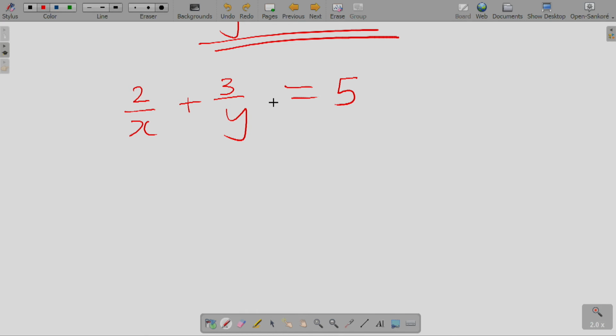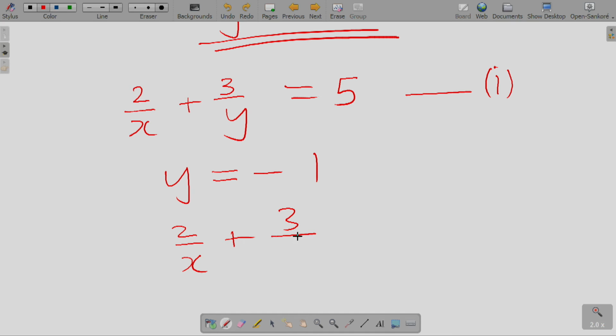So the first equation is this one. So we need to find the variable x from this equation, and we have already got y equal to -1. So let's substitute it in equation number 1. If we substitute y in equation 1, we'll have 2 over x plus 3 over y, which is -1, equal to 5.